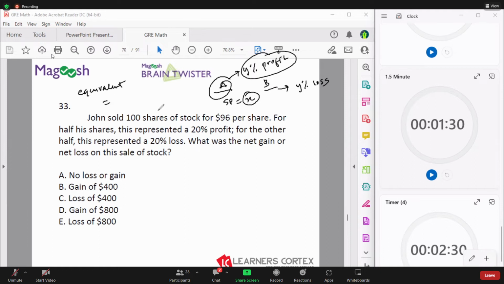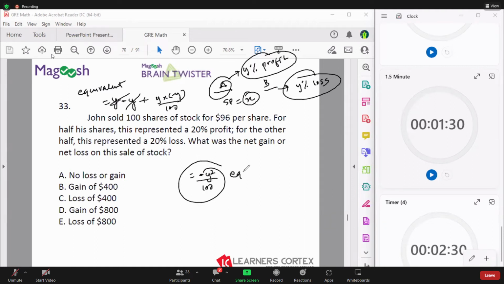Since this is profit, this will be plus Y. Since this is loss, this will be minus Y, and this would be Y times minus Y over 100. This and this get cancelled. This becomes minus Y square over 100. This would be the equivalent percentage.